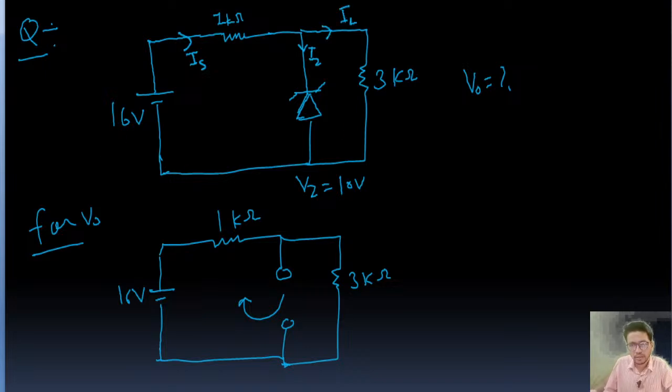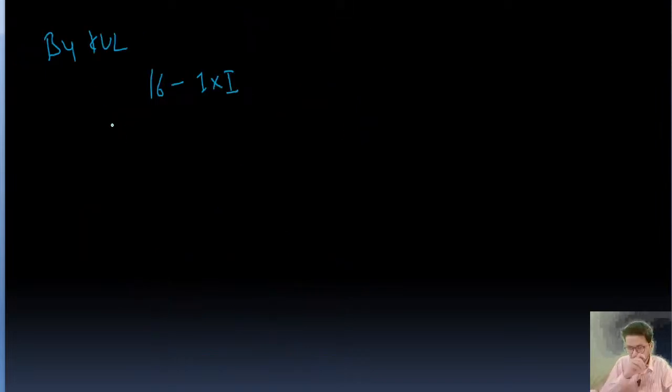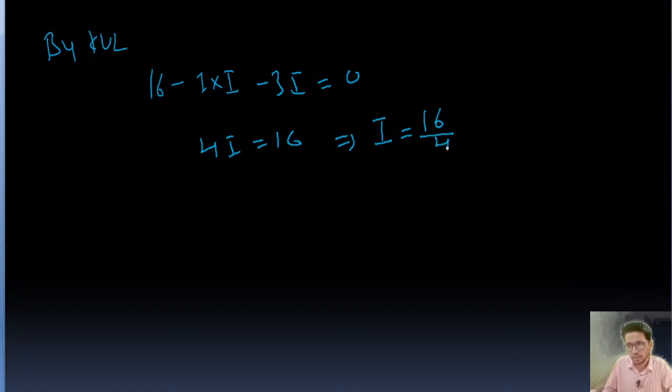So this is 1 into I, and then 3I. 4I equal to 16, and from here the value of I is going to be 16 upon 4, that is 4. Sorry, this is the current. My apology, it's 4 milliampere, because our resistance is in kilo ohm, right?